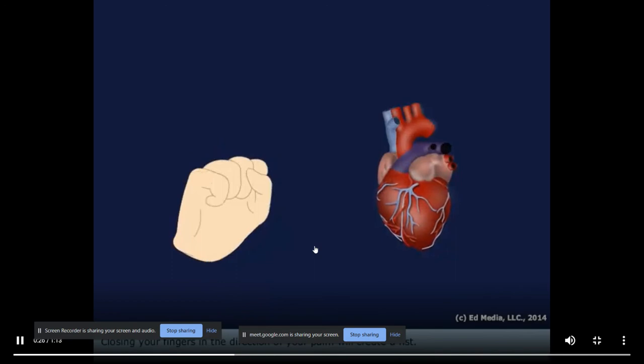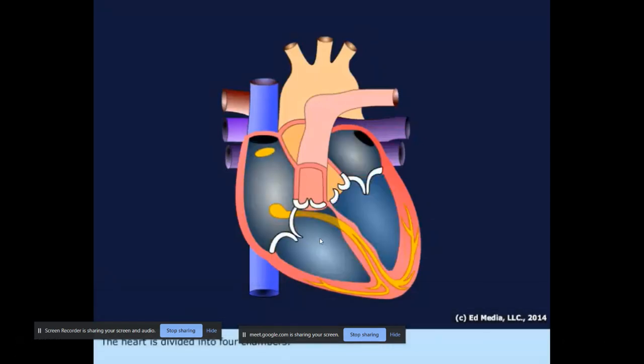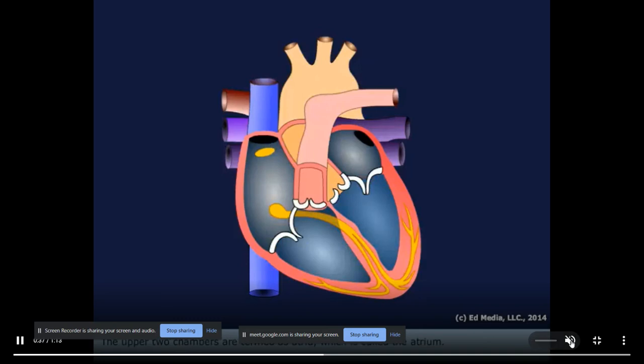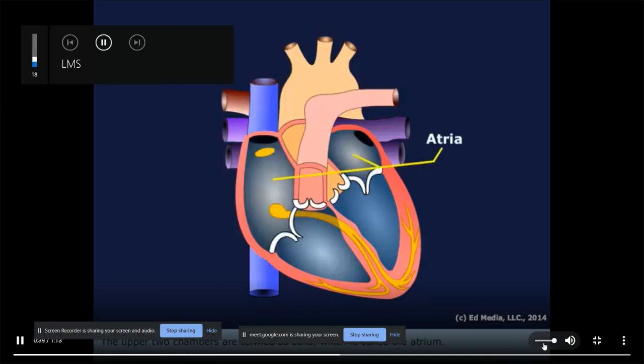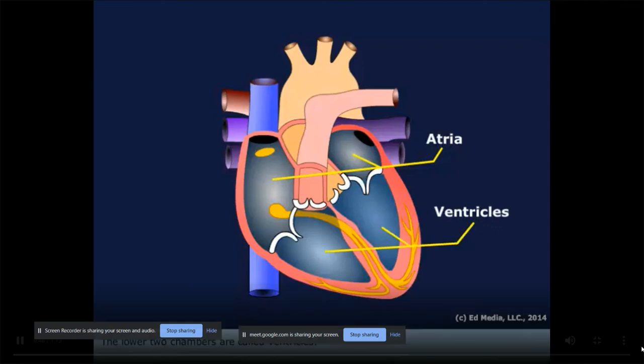Closing your fingers in the direction of your palm will create a fist. The heart is divided into 4 chambers. Upper 2 chambers are termed as atria, which is called the atrium. The lower 2 chambers are called the ventricles.